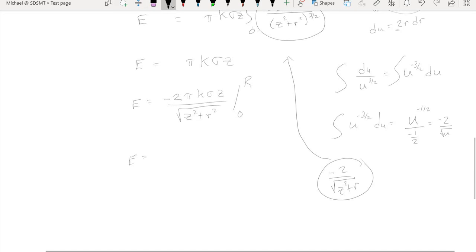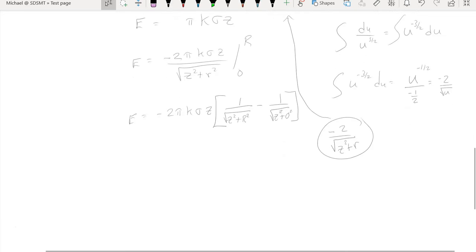And when we do that, we get negative 2 pi k sigma z. So all the stuff on the top there is a constant. I'm just going to factor that out. We have 1 over root z squared plus big R squared minus 1 over root z squared plus 0 squared. Now I'm not a fan of having this minus sign out front.